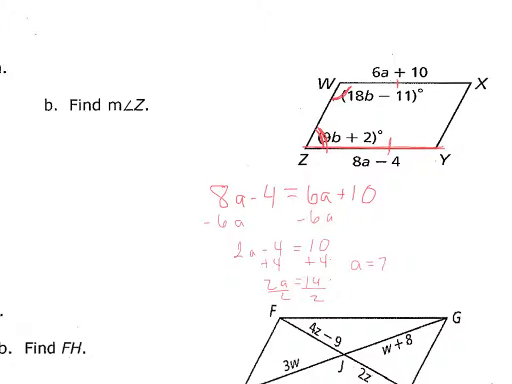So if we take our angle Z, which is 9B plus 2, we can add to that 18B minus 11, and those two angles are supplementary, so we can set the whole thing equal to 180 degrees. Then you would need to combine like terms and solve that and get your variable B.